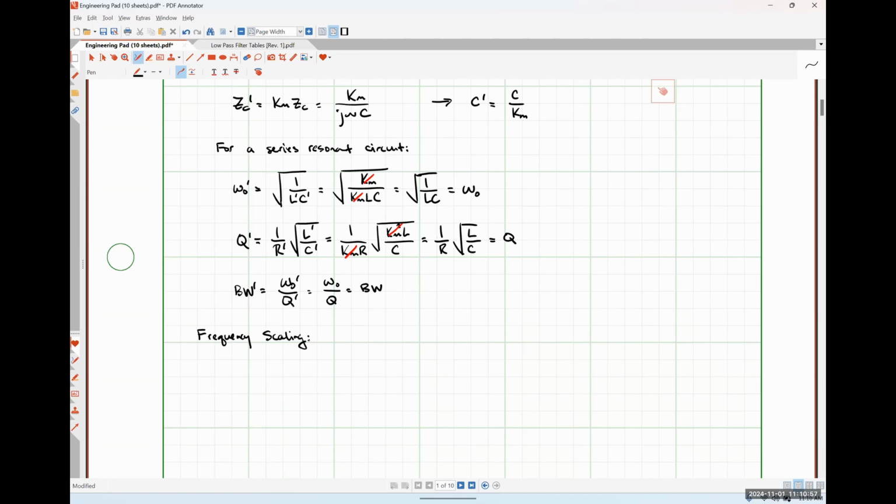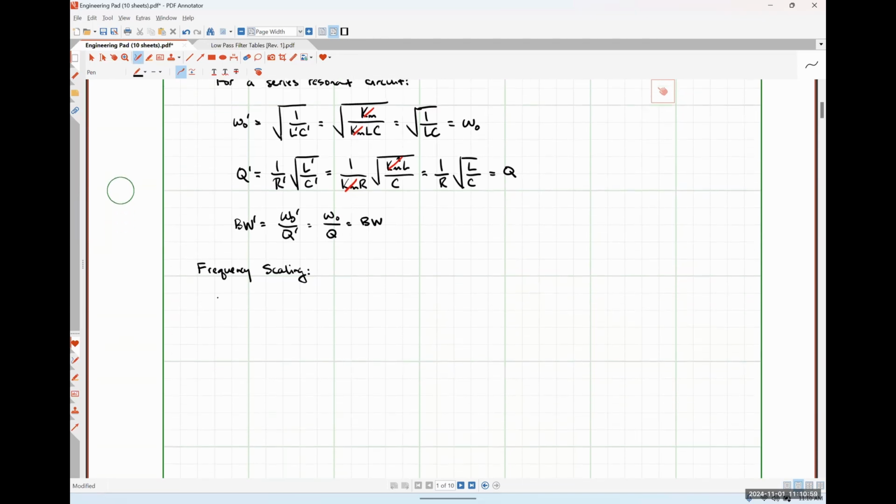So in frequency scaling, we can scale the frequency by a factor of K sub F, while keeping impedance constant.